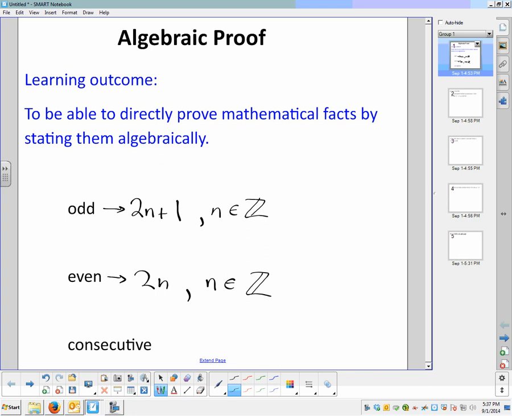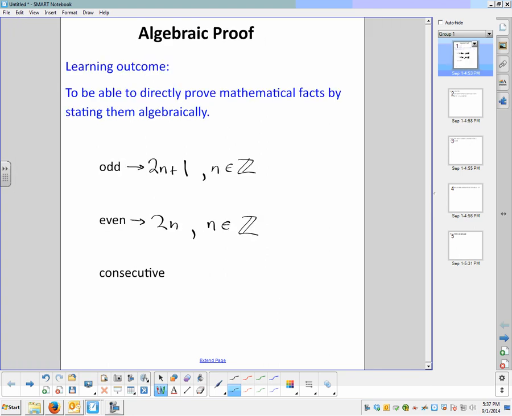So an even integer would be 2n, and an odd one will be 2n plus 1. And then consecutive numbers can be written as, say, n plus 1, n plus 2, or I could write n minus 1, n, n plus 1 to represent 3 consecutive numbers.